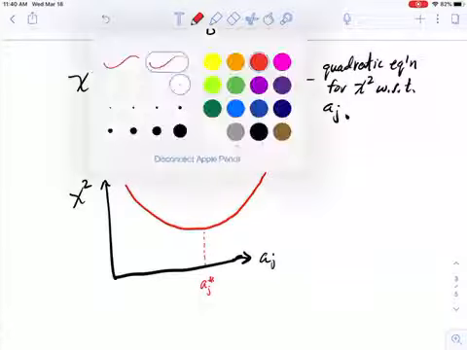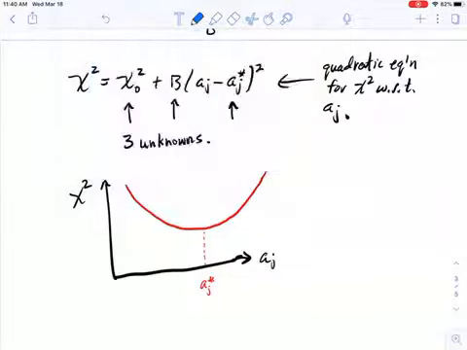Then we have a blue case where chi-squared changes like this. They're both quadratic. It's just that one changes rapidly when we move away from the minimum and one changes slowly. So this blue case would be large b, and this red case would be a small b.